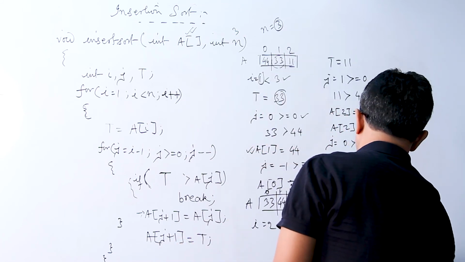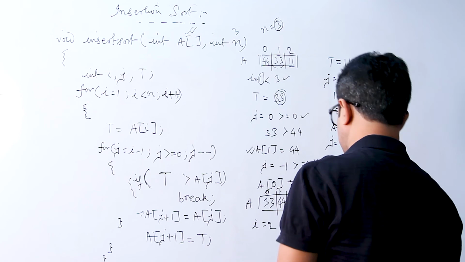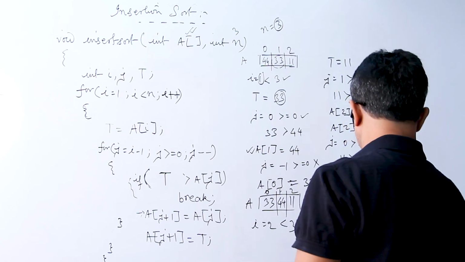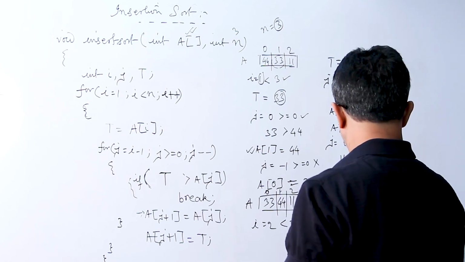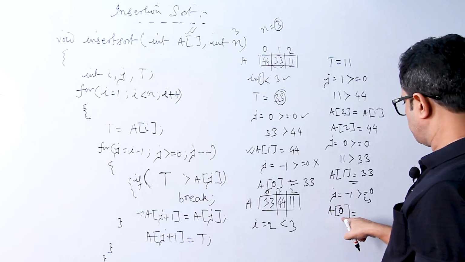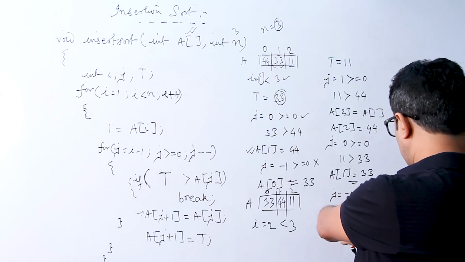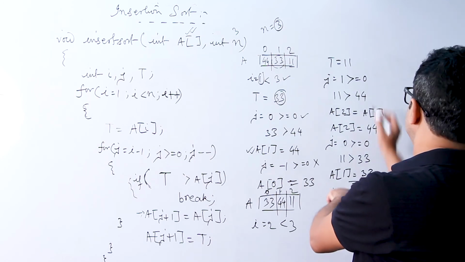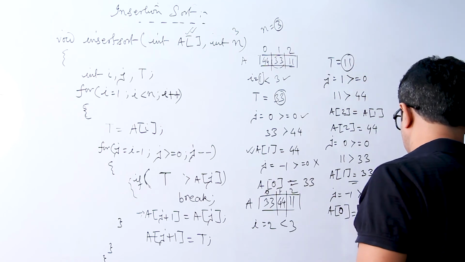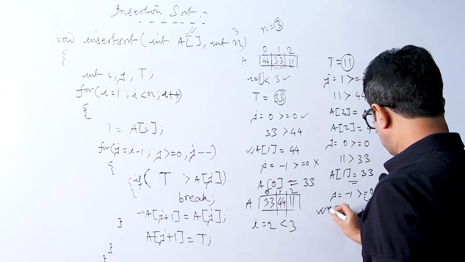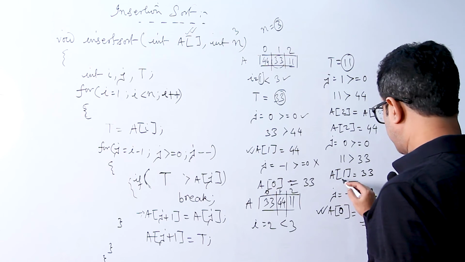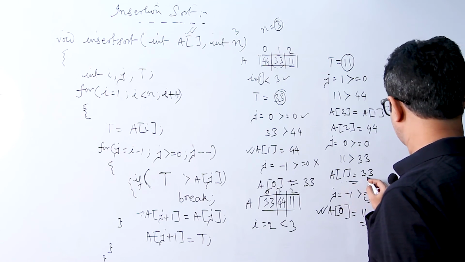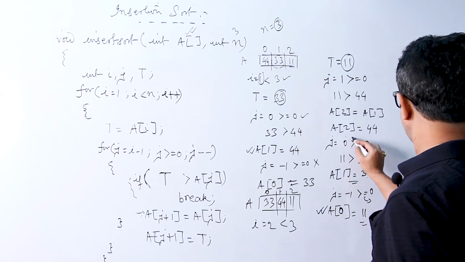What is A[j+1]? j+1 means minus 1 plus 1, which means A[0]. A[0] will now become t. So t is now 11. So now see, A[0] has become 11, A[1] has become 33, and A[2] has become 44.